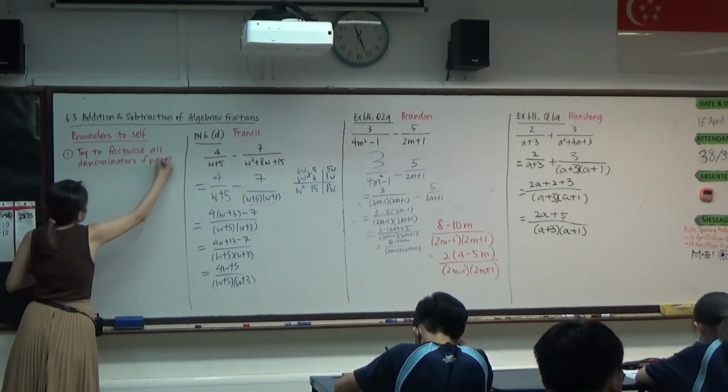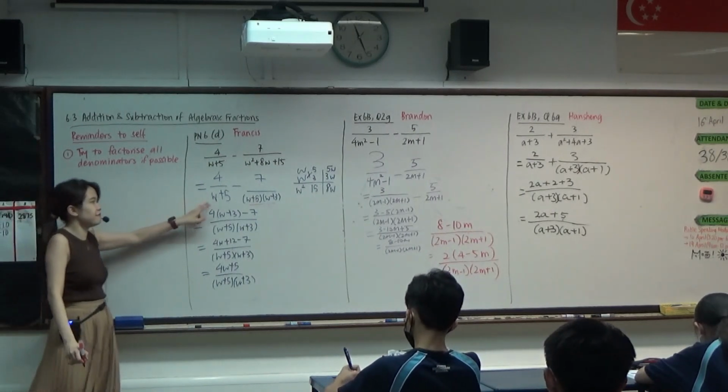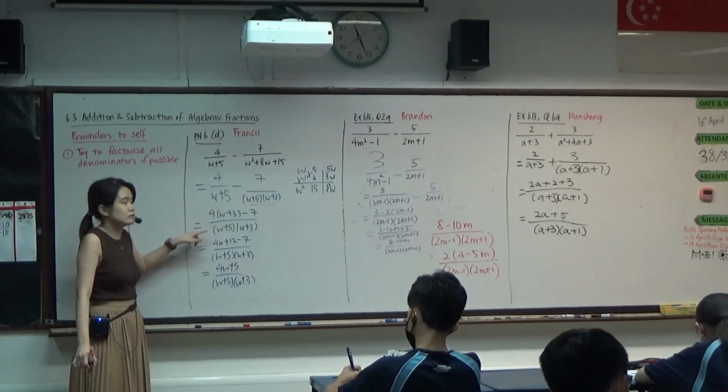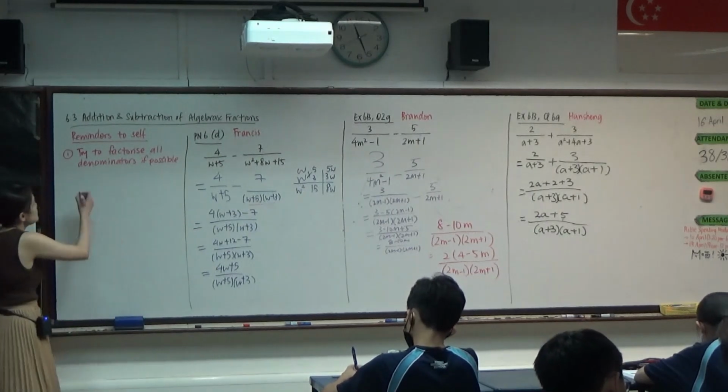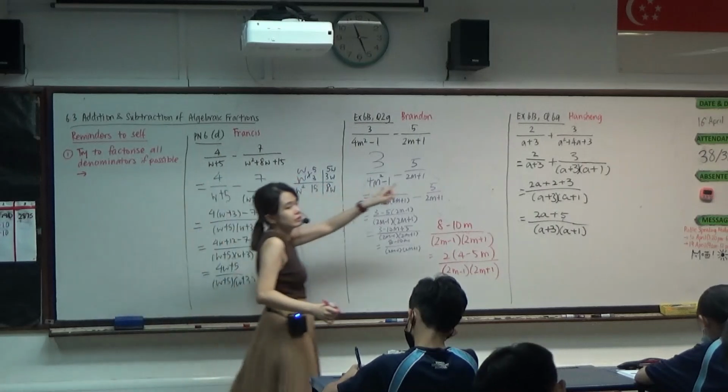Because if we don't factorize, we will not be effective in finding our lowest common multiple for our denominator.